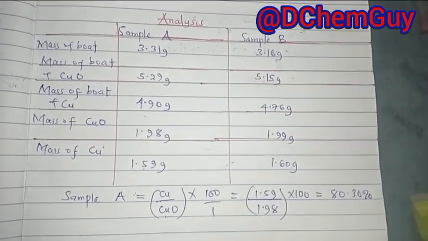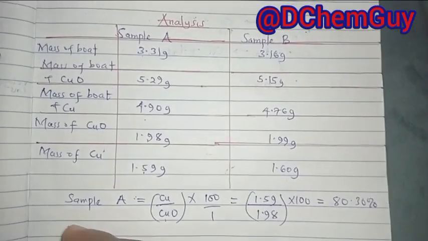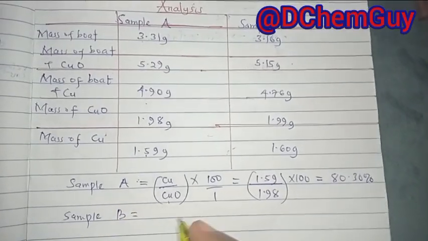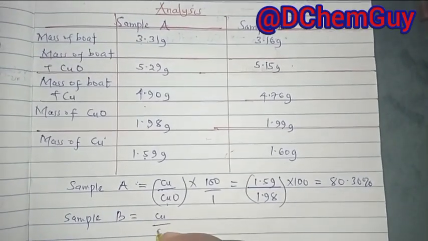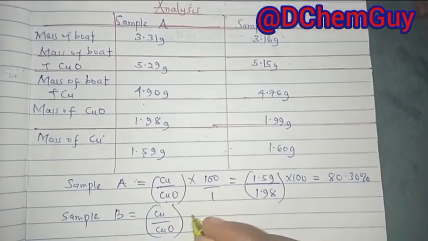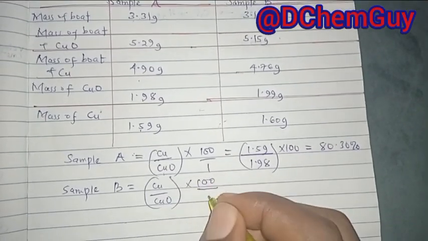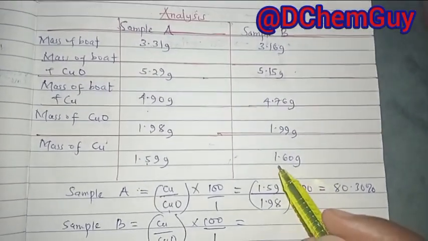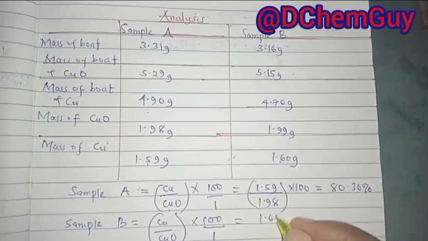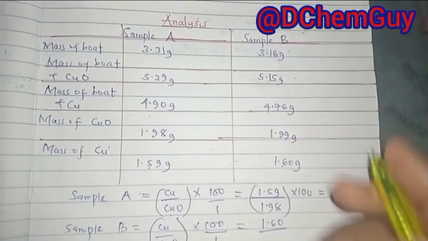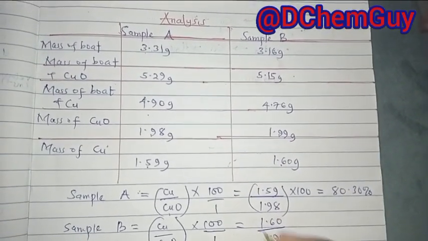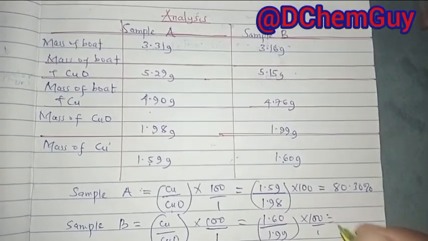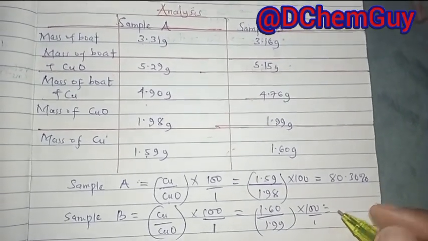Okay. Now for sample B, same thing. Cu over CuO times 100 over 1. So our Cu here is 1.60, then CuO is 1.99 times 100 over 1. That gives you 80.4.